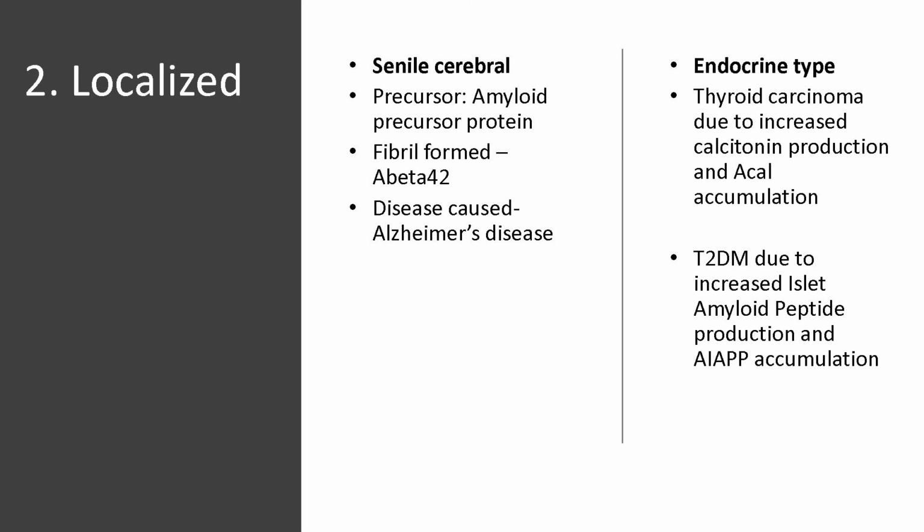These peptides are overexpressed during the carcinoma conditions, and they aggregate and get deposited in the thyroid gland. That results in amyloidosis in that particular location. In type 2 diabetes, it has been observed that islet cells produce a particular peptide called the islet amyloid peptide, and this islet amyloid peptide gets deposited in the islets of Langerhans, resulting in the formation of amyloids in the islets.